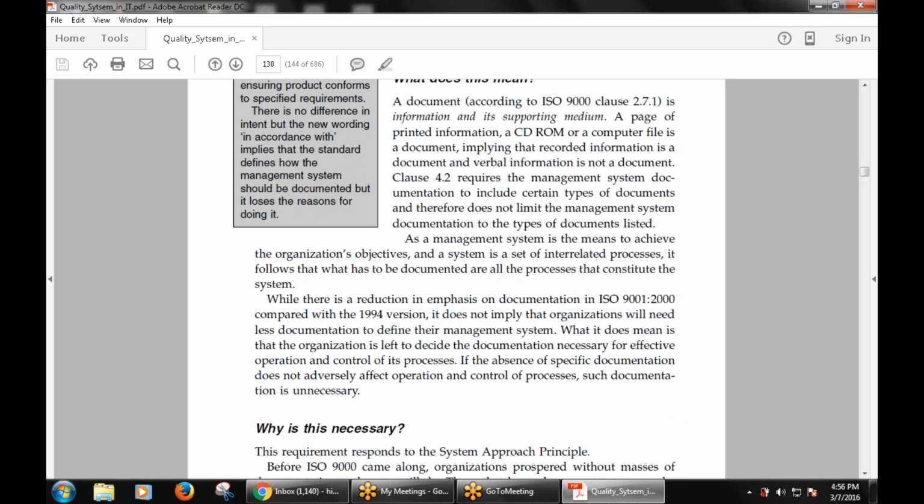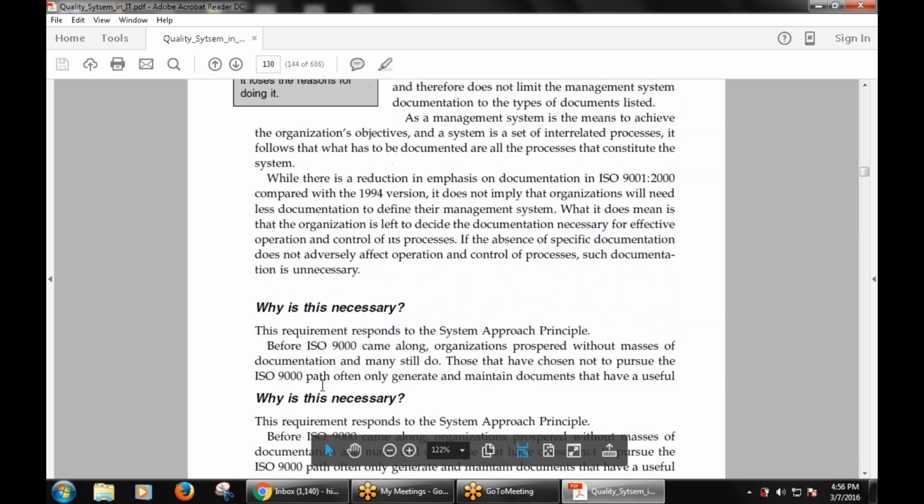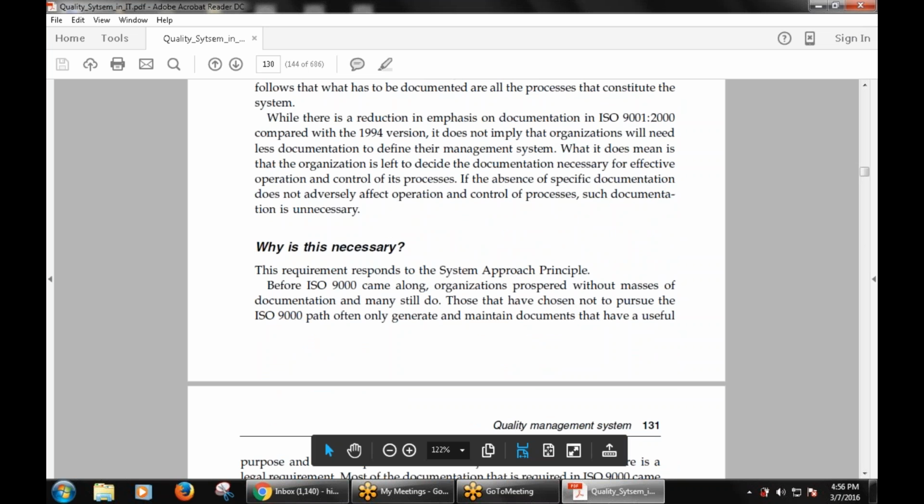It follows that it's mandatory to use documentation that supports the system, that is, the interconnected or interrelated processes carried on in the organization. Now, why is this necessary? That gives us the system approach principle. Whenever we are documenting something, whenever we are providing paperwork or any recorded information, it is used for the system approach principle.